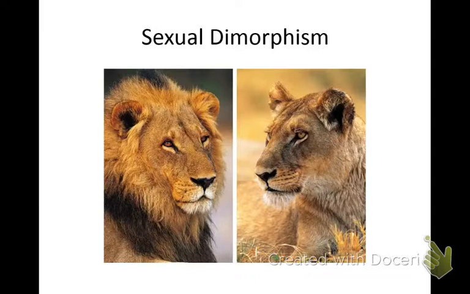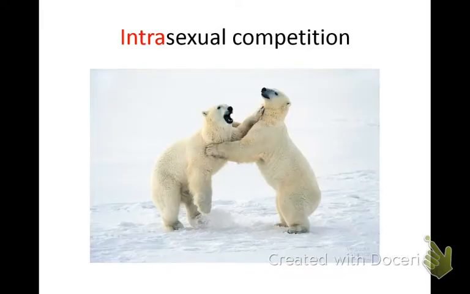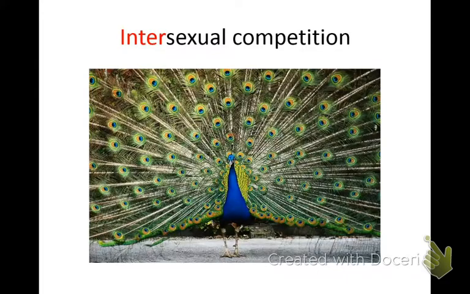So intrasexual, INTRA, is where males fight. Where the males are fighting, so there's your intrasexual, INTRA, males are fighting. Intersexual, INTER, is where the women choose. And so it says males strut to attract their female, like this peacock here.